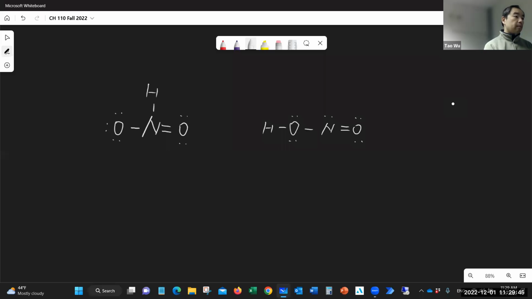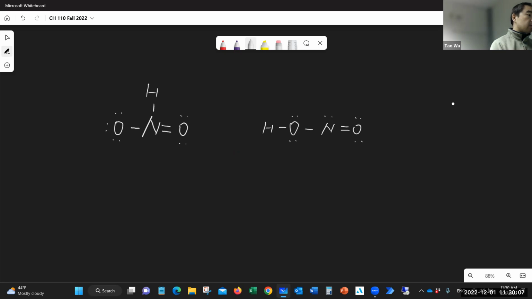Okay, so let's come back and review this. The answer is the one on the right side. But let's look at the formal charge again. Formal charge is the number of valence electrons, subtract the number of bonds, plus the number of electrons not in a bond.